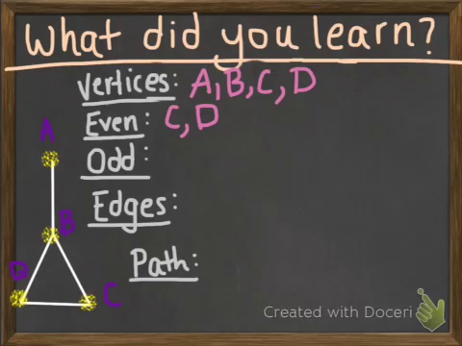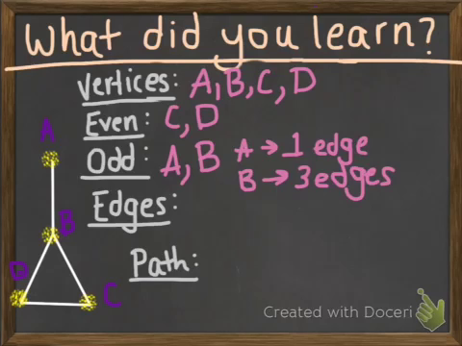We have A and B that are odd vertices because A has 1 edge and B has 3 edges. So they both have an odd number of edges.